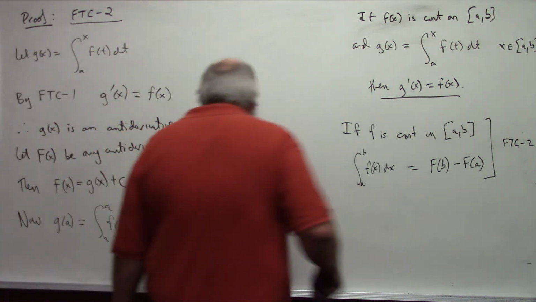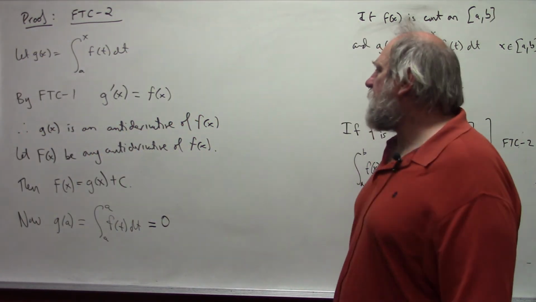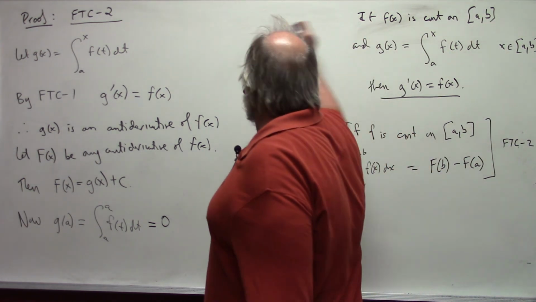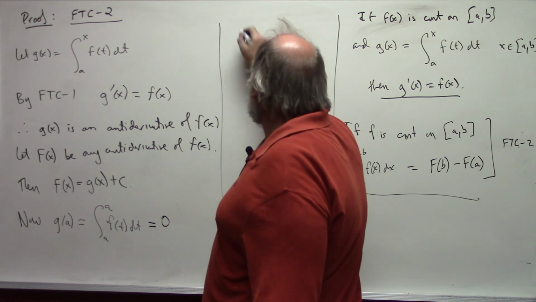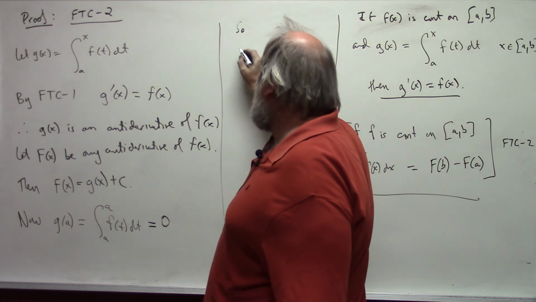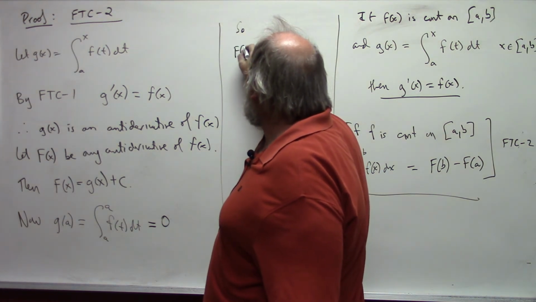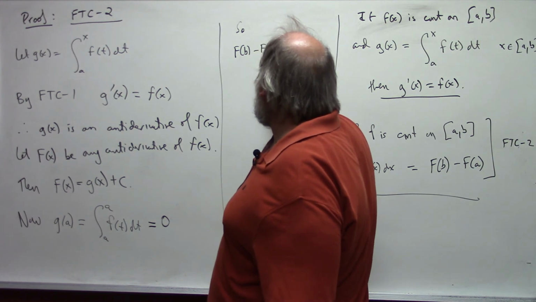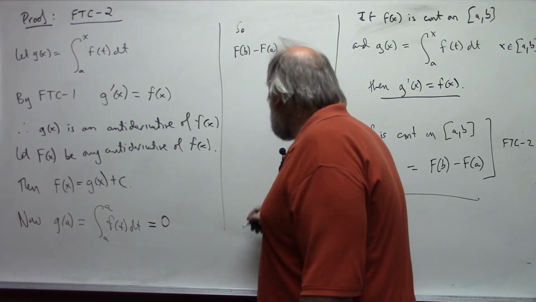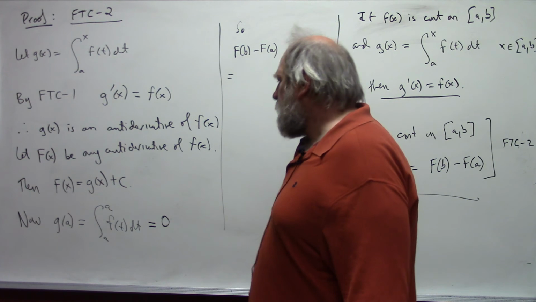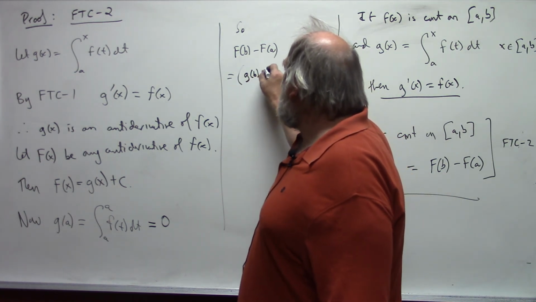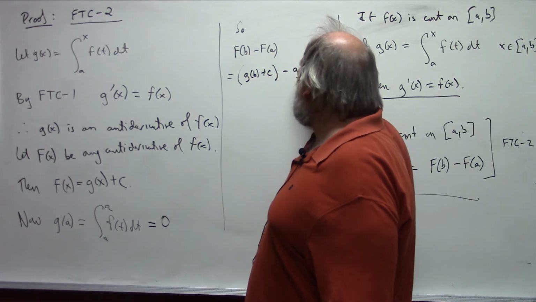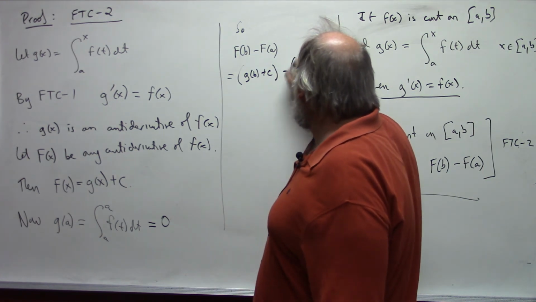We're now ready to do the algebra part of this. Let me box this off. So, capital F of b minus capital F of a, substituting in, that's equal to g of b plus c minus g of a plus c.